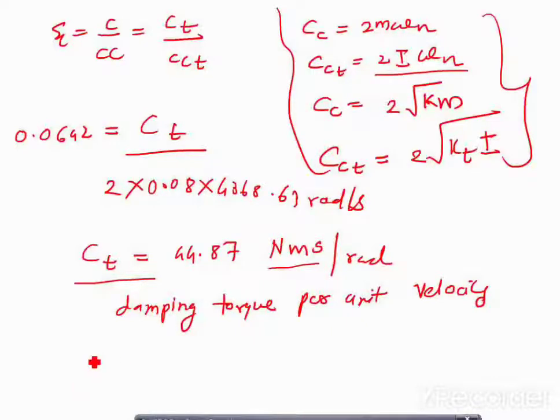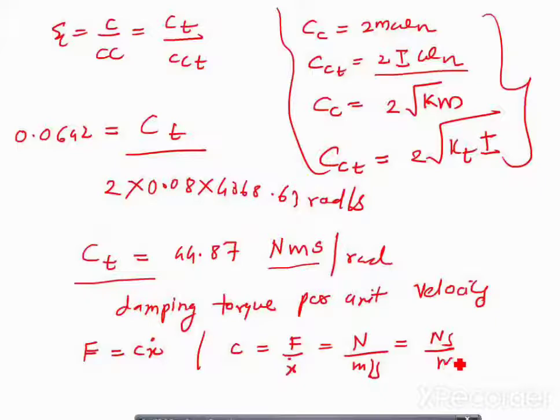If you want, I can analyze it here. You know that the damping force F is equal to C into x dot. So C is equal to F upon x dot, which becomes Newton per meter per second, that is Newton seconds per meter. So what is this? Damping force per unit velocity, which we calculated in the last problem, Newton seconds per meter.